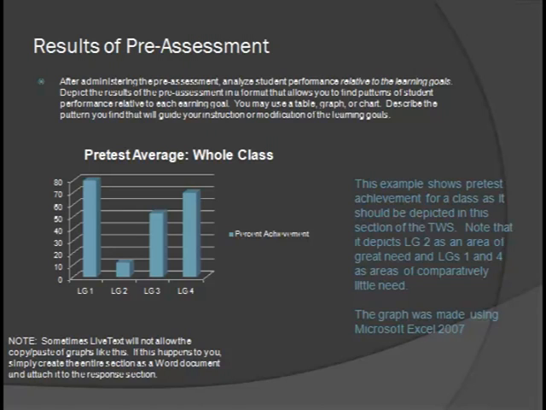On the pretest, as you're looking at the pretest average for the whole class graph, you see that on Learning Goal 1, the students pre-tested at nearly 80% as far as achievement is concerned.